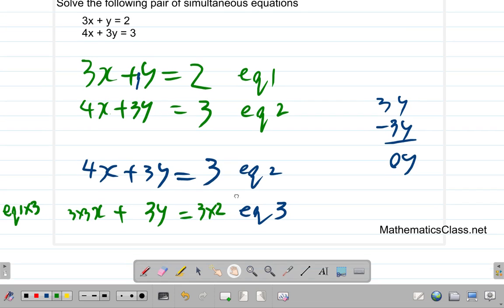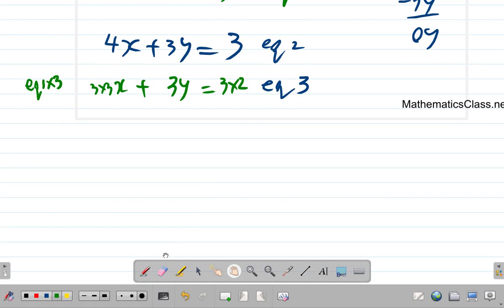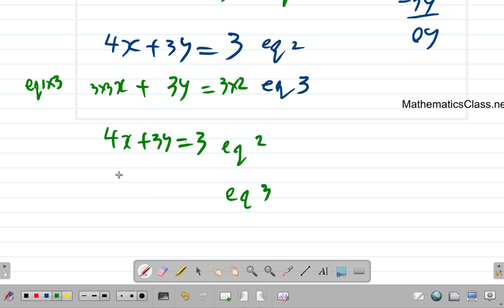Alright? So, let's rewrite these. 4x plus 3y equals 3. This is still equation 2, but we're going to have equation 3 down here. 3 times 3x gives you 9x plus 3y equals 3 times 2 is 6. Good.